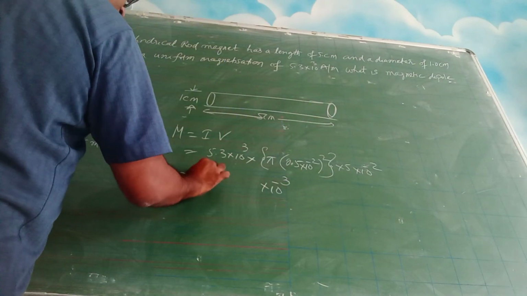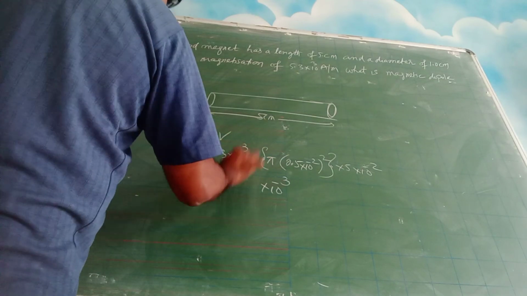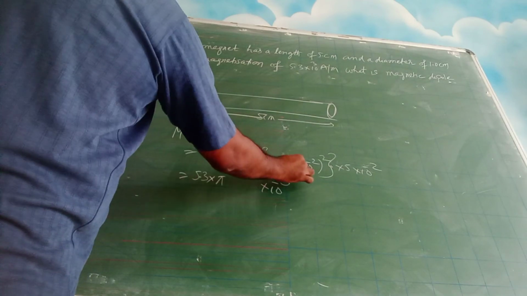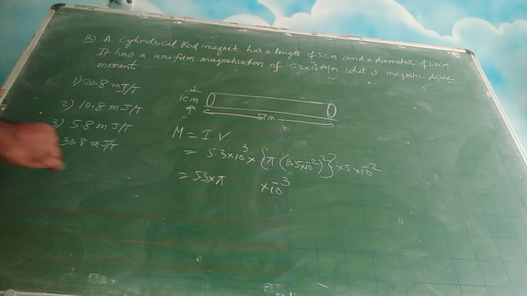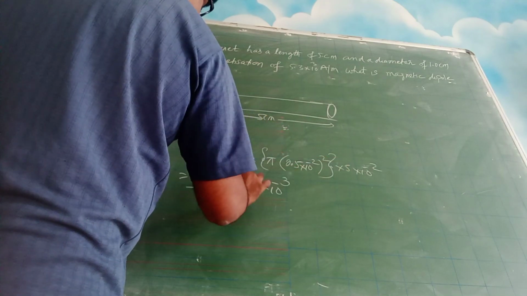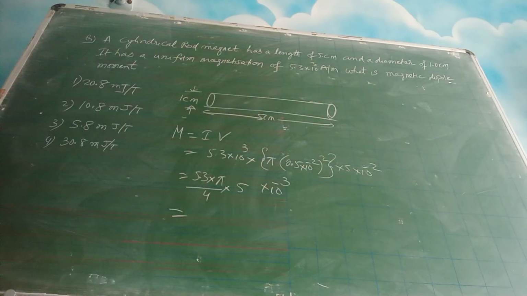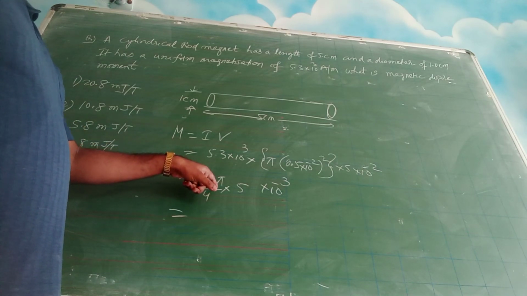So here you are getting 5.3, right? Here you are getting 5, and here you are getting 0.1. 0.5 means what? 1 by 2, 1 by 2 square, 1 by 4. And you are also getting 1 5 here. It is approximate. So this is 5.3 into pi means 3.14.